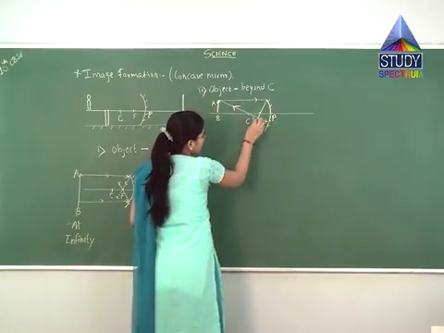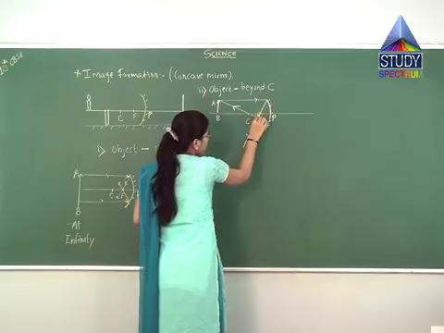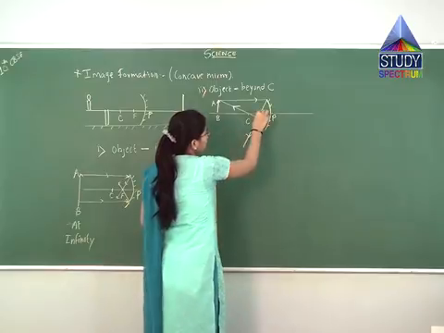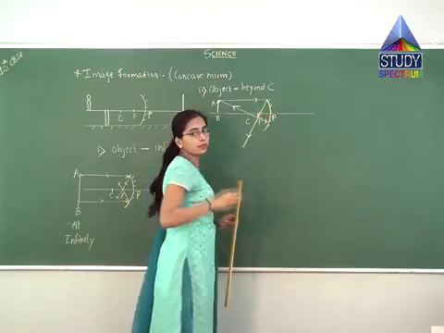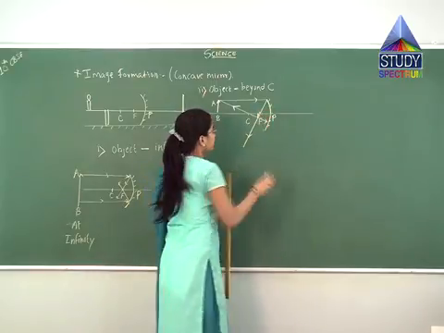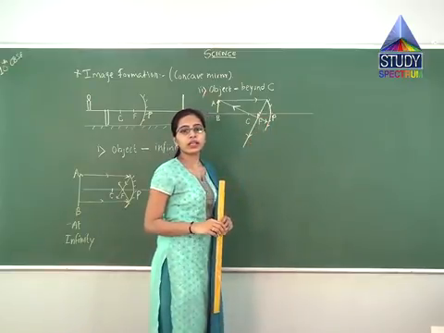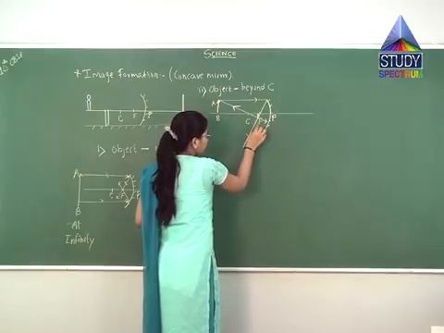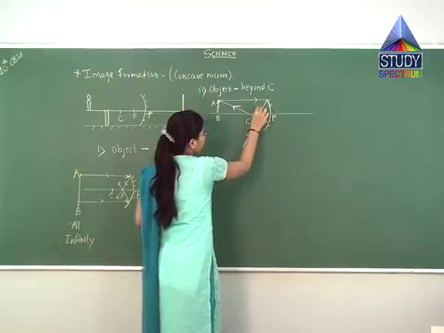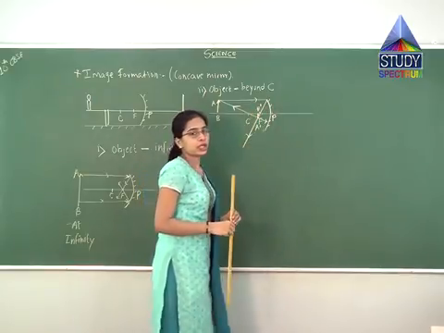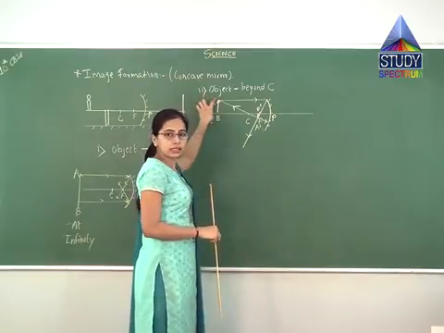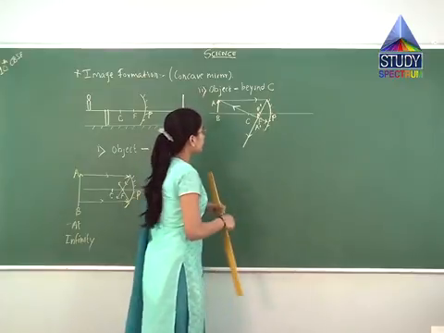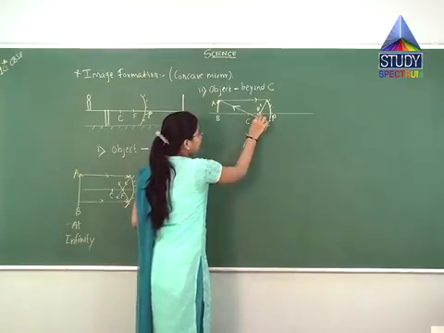So you can see there is a space between the principal axis and the point of incidence of these two rays. So here is your image, means this last point is A dash and here is your B dash. AB is the object and A dash B dash is my image, and you can see the image is inverted downward.